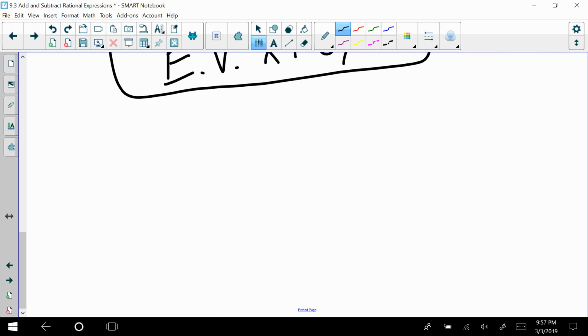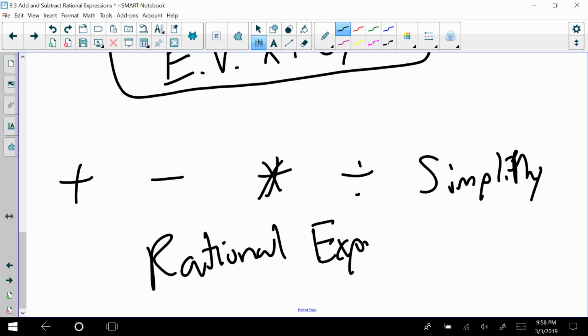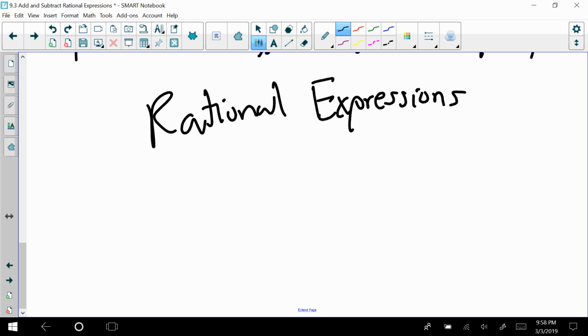Which means now you know how to add, subtract, multiply, divide, simplify rational expressions, as well as find excluded values.